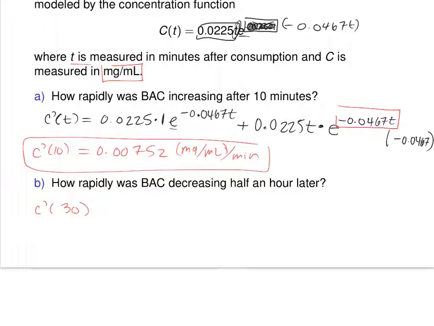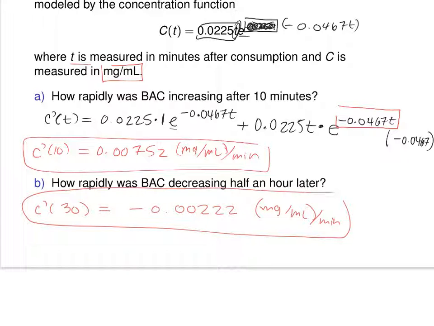And that ends up being negative 0.0022 milligrams per milliliter per minute. Okay. But the point is you have to use the chain rule when it's e to the anything but just t.